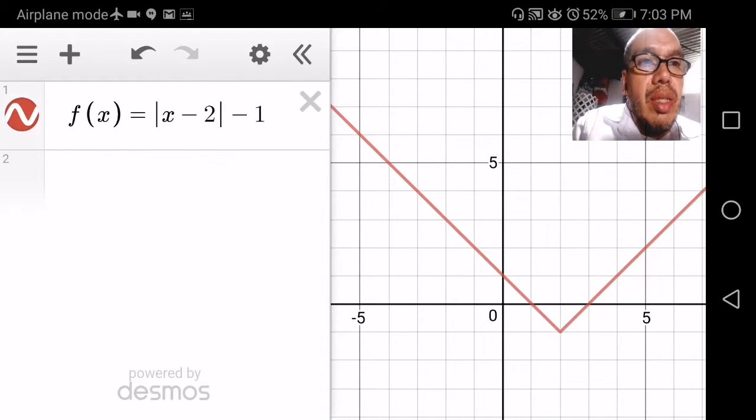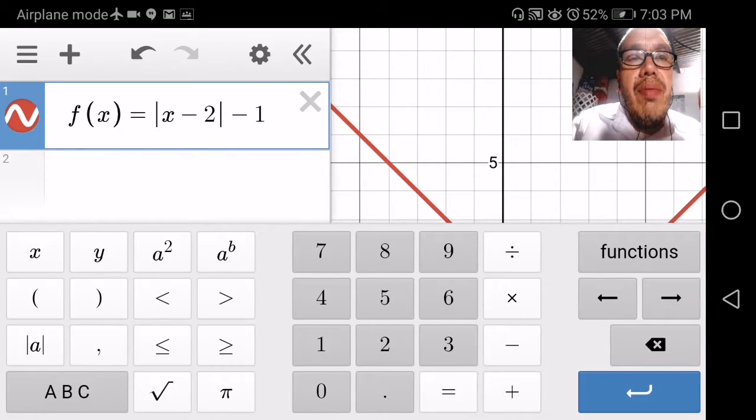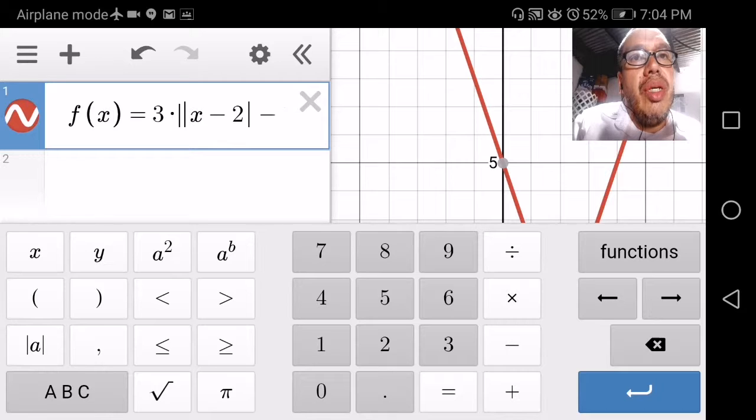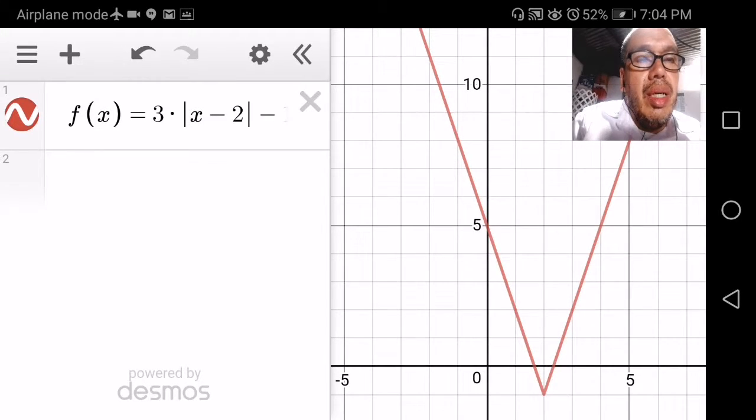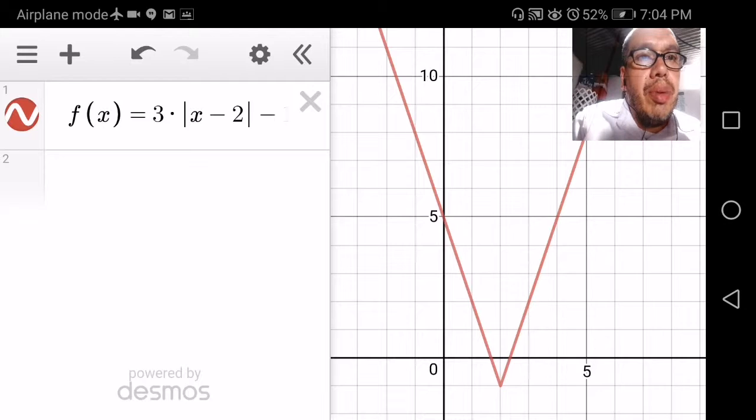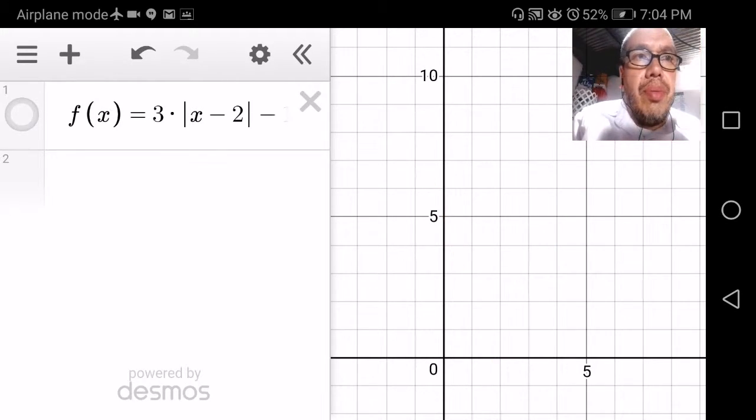So you moved it 2 units to the right, 1 unit down, and you can even make it narrower by multiplying times 3 over here. So you see that the slope on the left side is -3 and the slope on the right side is +3, and so that's the absolute value function for you.